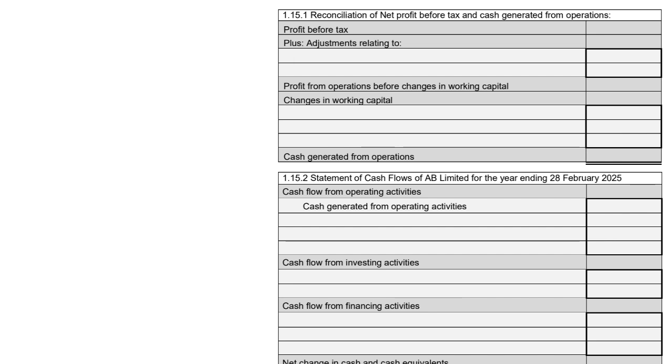1.15.1 Reconciliation of net profit before tax and cash generated from operations. We are going to start with our profit before tax, which is 1.2 million Rand. Then we add adjustments relating to depreciation. And our depreciation is 263,000 from information 1.